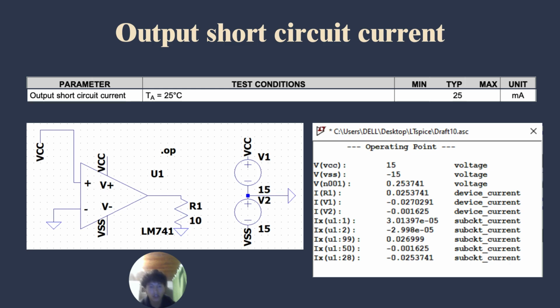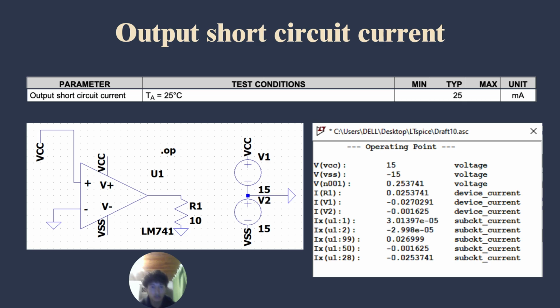The output short circuit current is influenced by temperature and supply voltage. At higher temperatures, the op-amp's internal protection may reduce the current limit to prevent excessive heating. Similarly, with higher supply voltage, the available short circuit current may increase, leading to greater power dissipation.